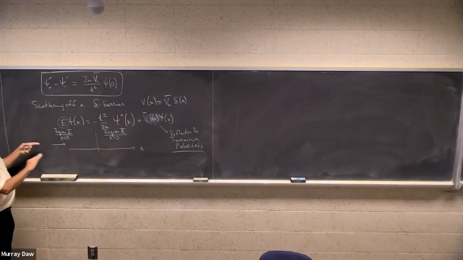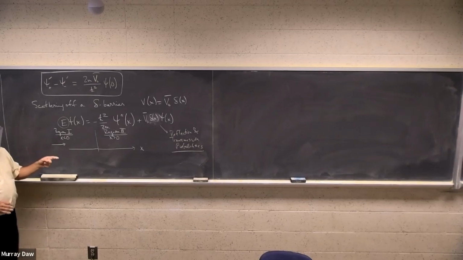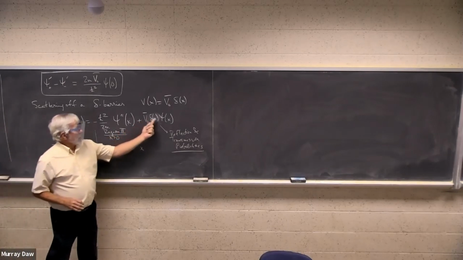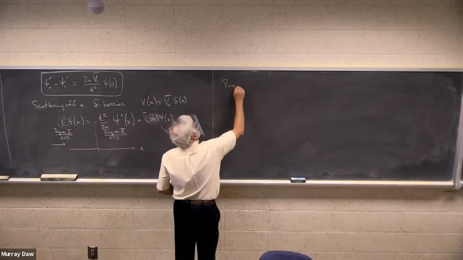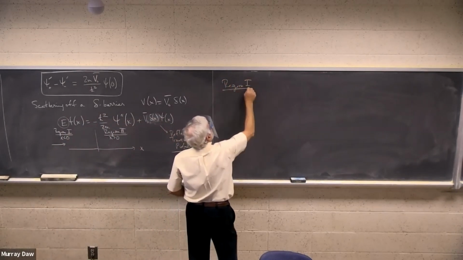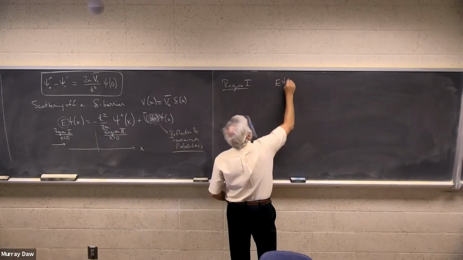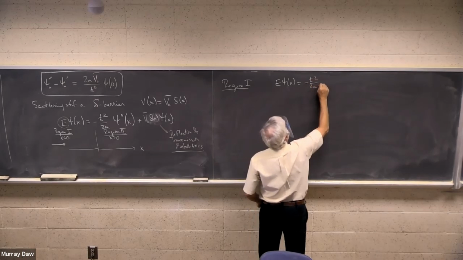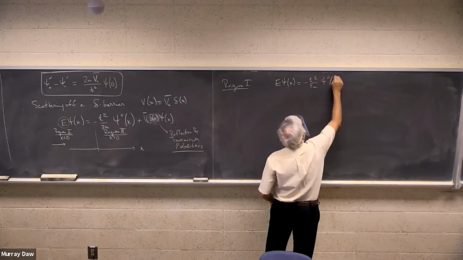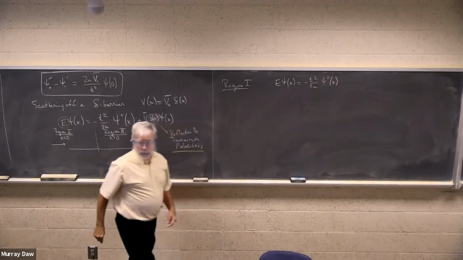Okay, so having divided it now into two regions, for x less than 0, this is 0. So in region 1, here's the equation we're wanting to solve.